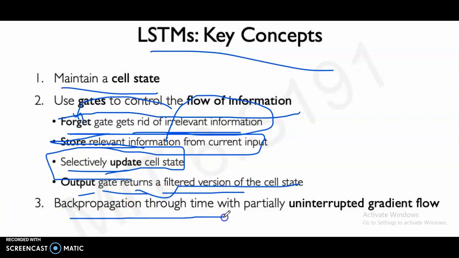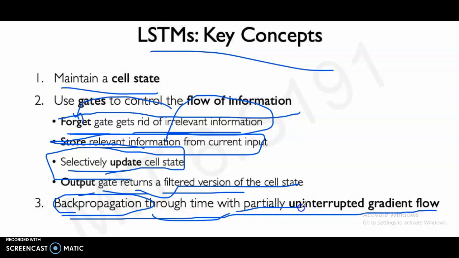Backpropagation through time with a partially uninterrupted gradient flow. Gradient means to reduce the loss, so that is always backpropagation. We have already seen this. Throughout time the gradient flow is partially uninterrupted.